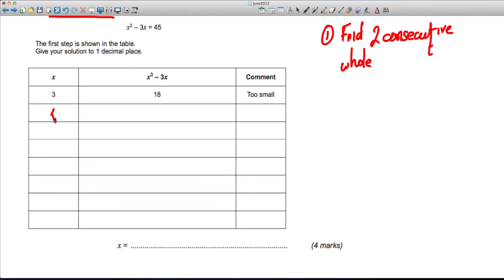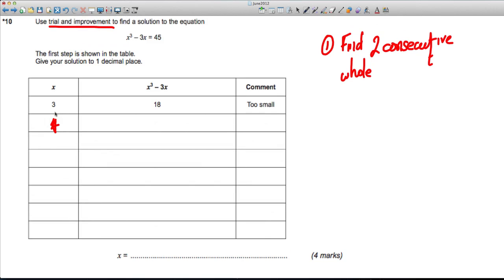So obviously let's try 4 now. So we're going to try 4, and on our calculator we're going to type 4 cubed, take away 4 times 3, and when I do that I get 52, and that's obviously too big. So there's a number in between 3 and 4 where this will be exact. It looks like it's going to be a bit closer to 4.